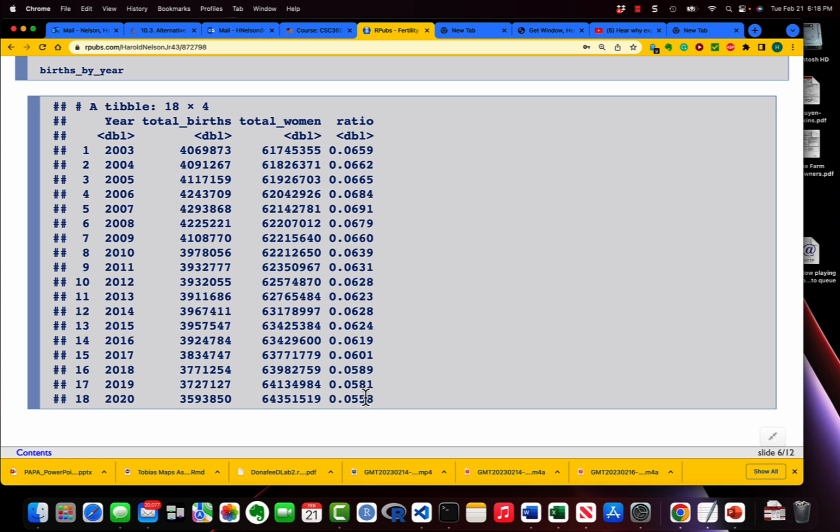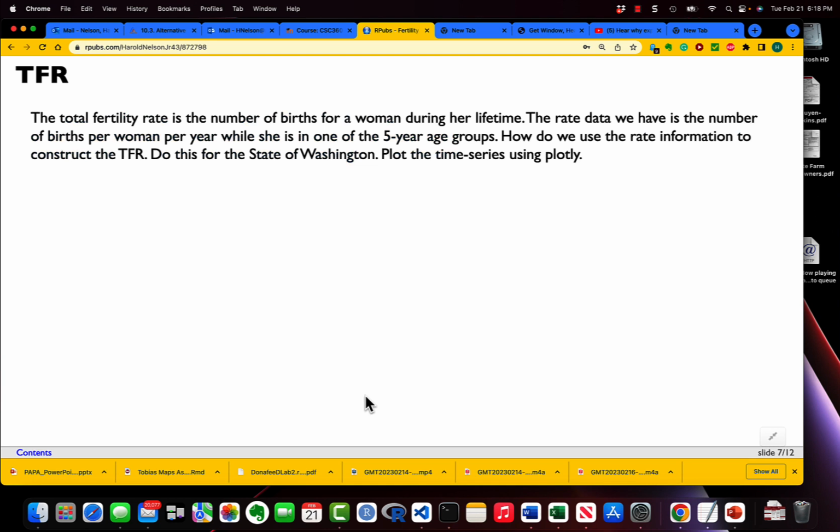Well, this might not be anything to be alarmed about. It might be that we just have women who have aged out of their childbearing years. So we need to think about that. And the right way to think about this is through what we call the total fertility rate. It's the number of births for a woman during her lifetime.